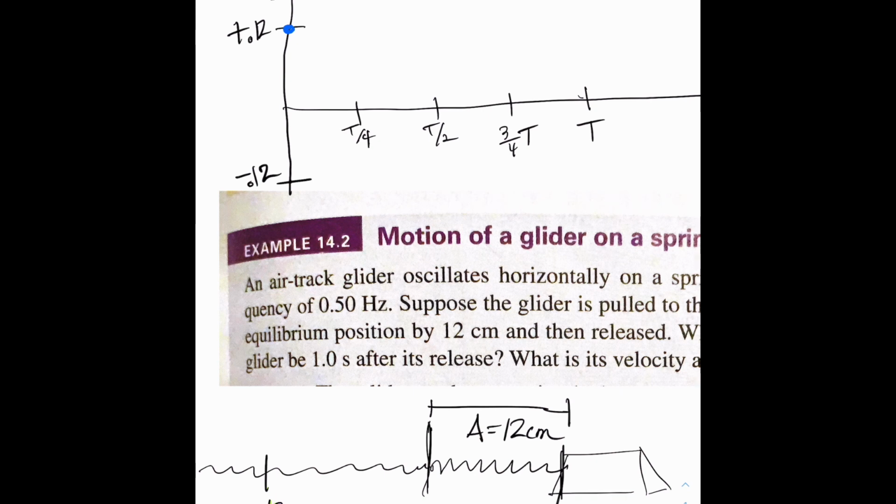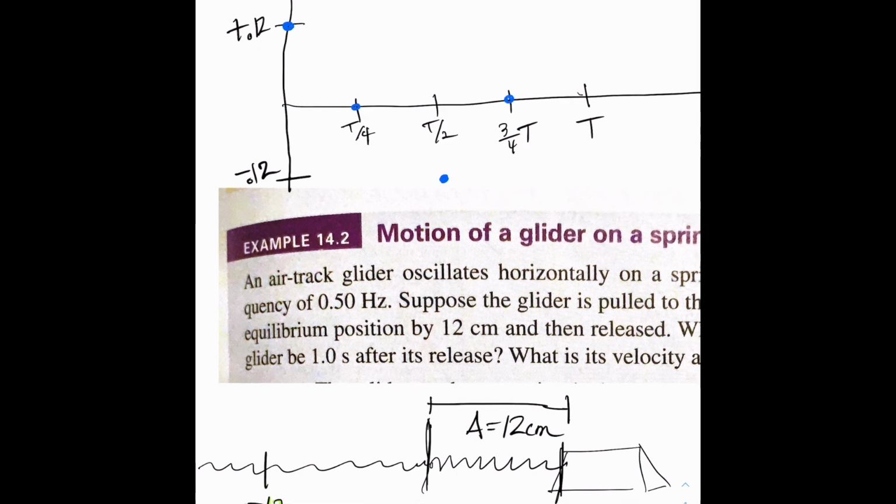Because we know this is going to be a positive cosine wave, and then at half of the cycle, to go there and back, this is when it hits negative 12, which is right here at half of the period, and then right here, and then back to the very beginning. So something like this. I'll try and draw this sinusoidal wave. Okay, so this is another way to look at it.